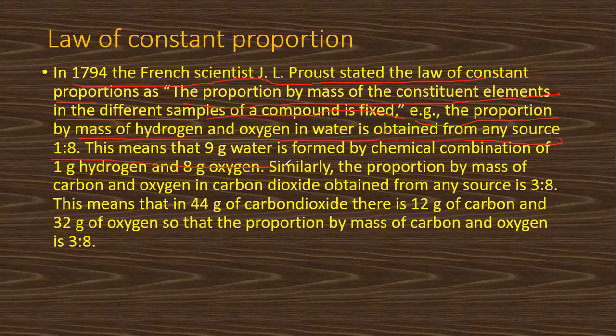This means 9 gram of water is formed by the chemical combination of 1 gram of hydrogen and 8 gram of oxygen. Similarly, the proportion by mass of carbon and oxygen in carbon dioxide obtained from any source is 3:8. This means in 44 gram of carbon dioxide, there is 12 gram of carbon and 32 gram of oxygen, so that the proportion by mass of carbon and oxygen is 3:8.